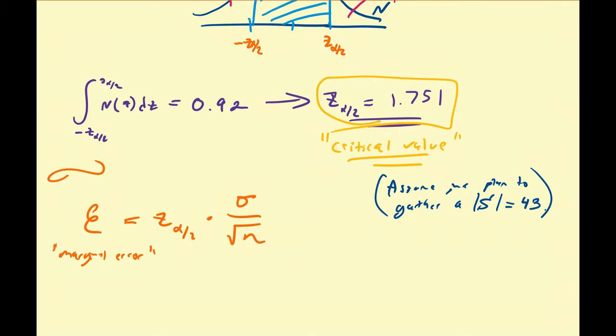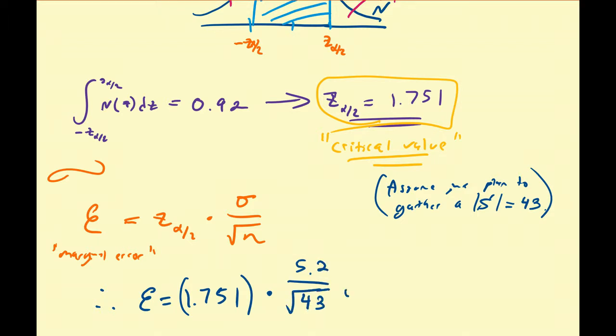Then the marginal error for my confidence interval is 1.751 times the standard deviation of the population, which was assumed to be 5.2, divided by the square root of 43. Once you work out that calculation, that's approximately equal to 1.3885. So that's the marginal error for my confidence interval.